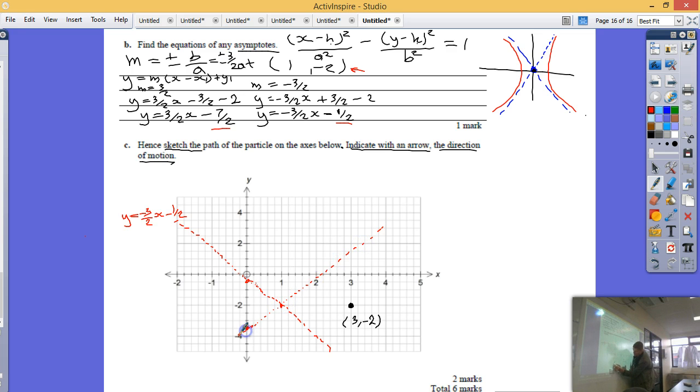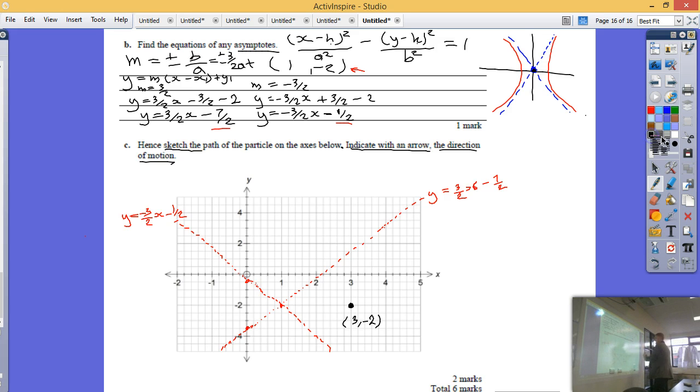A little bit like that, perhaps. Put in the equation just in case. Okay, so the asymptotes are done.